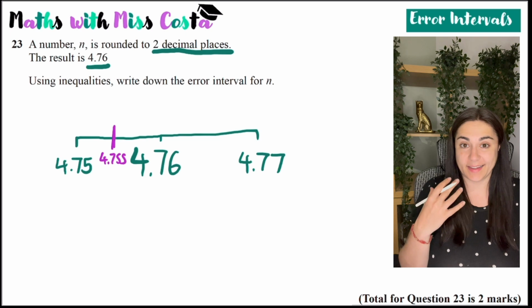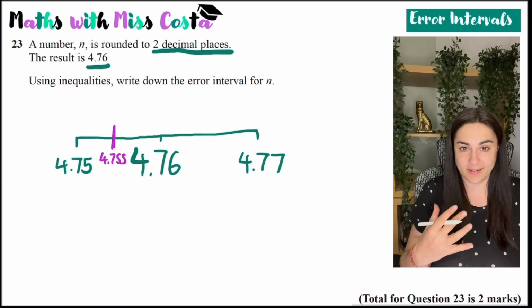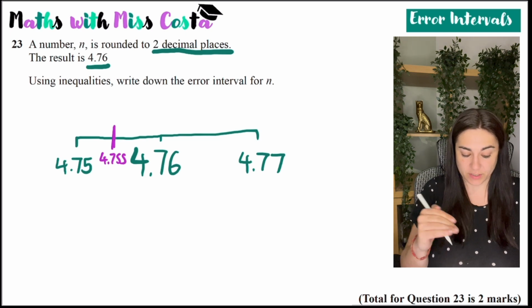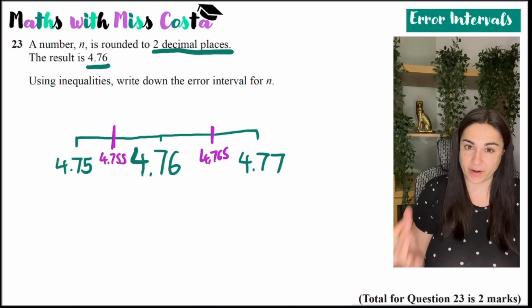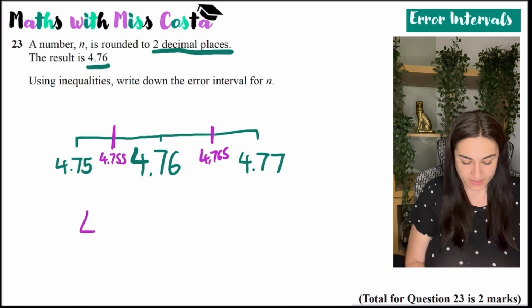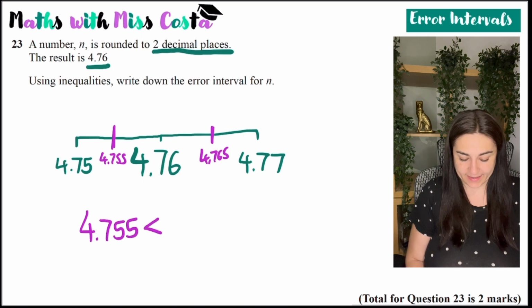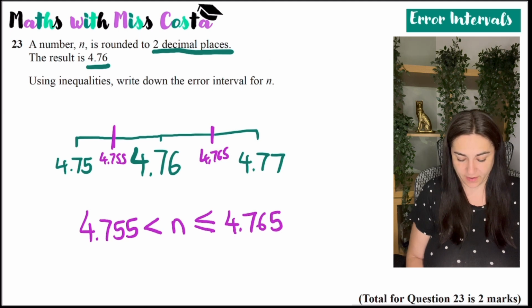So 4.755 is the lowest it could have been before it would have rounded down to 4.75. And 4.765 is the largest it could be before it would have rounded up to 4.77. So I'd say that 4.755 is less than n, which is less than or equal to 4.765.